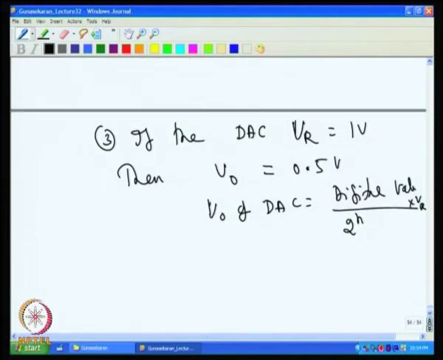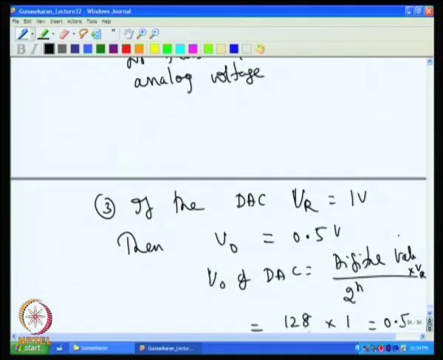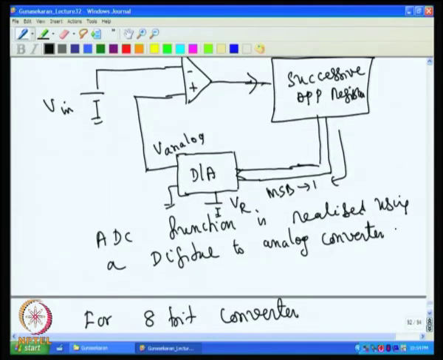In this 8-bit converter there are 256 levels. In this case the reference is 1 volt and the digital value is 128, which is the MSB value, and that comes as 0.5 volt. So, the DAC puts out 0.5 volt. If the MSB is 1, then the output here is 0.5 volt.